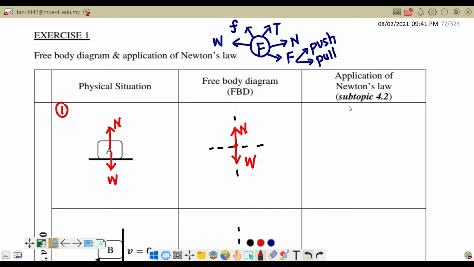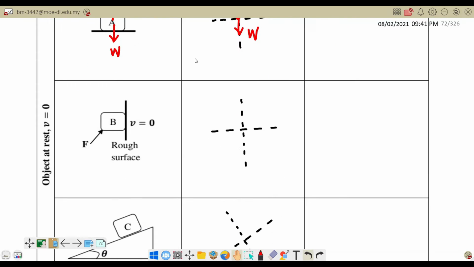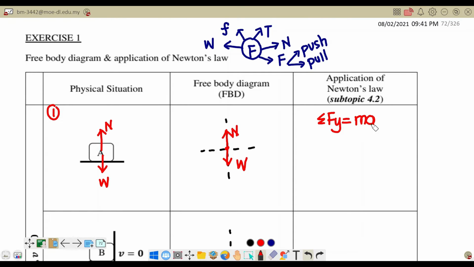For this question, the free body diagram only involves the y component. So our y component is Fy equals ma. The question says the object is at rest, meaning v equals 0, and when v equals 0, acceleration also equals 0.